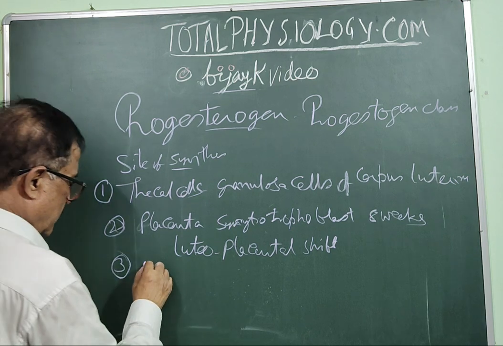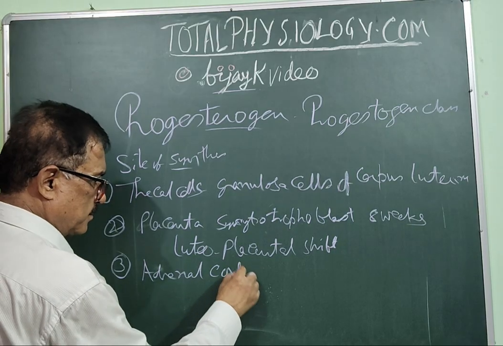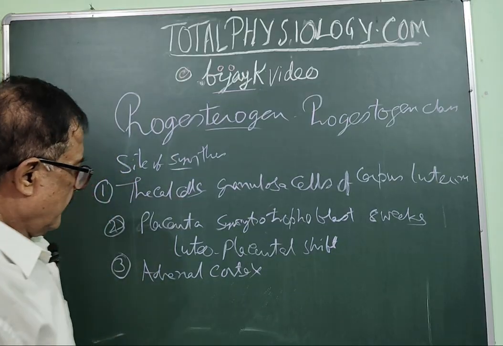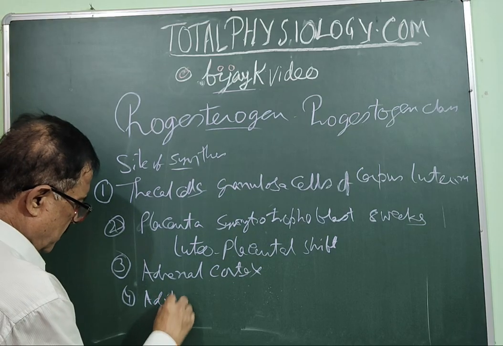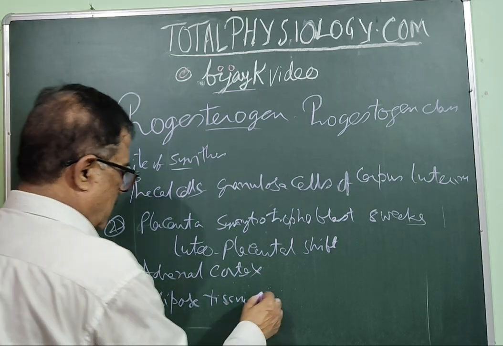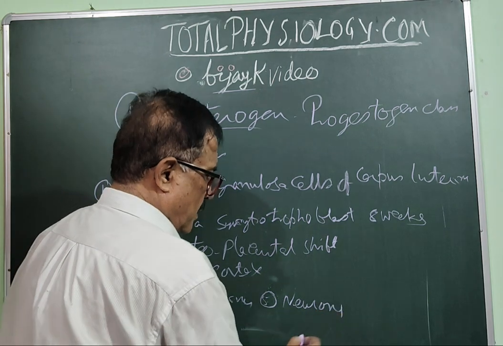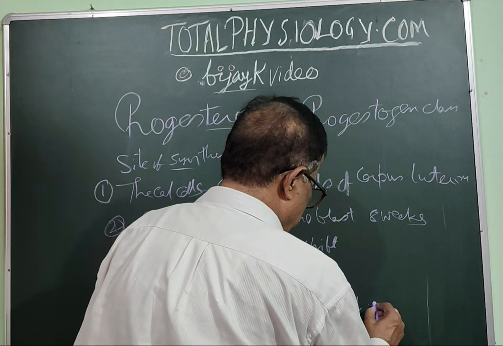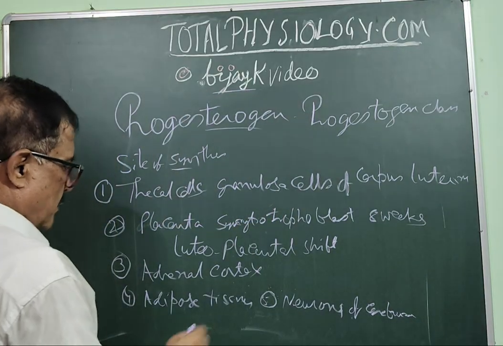Other sites: adrenal cortex, then adipose tissue, and neurons of the cerebrum, right?